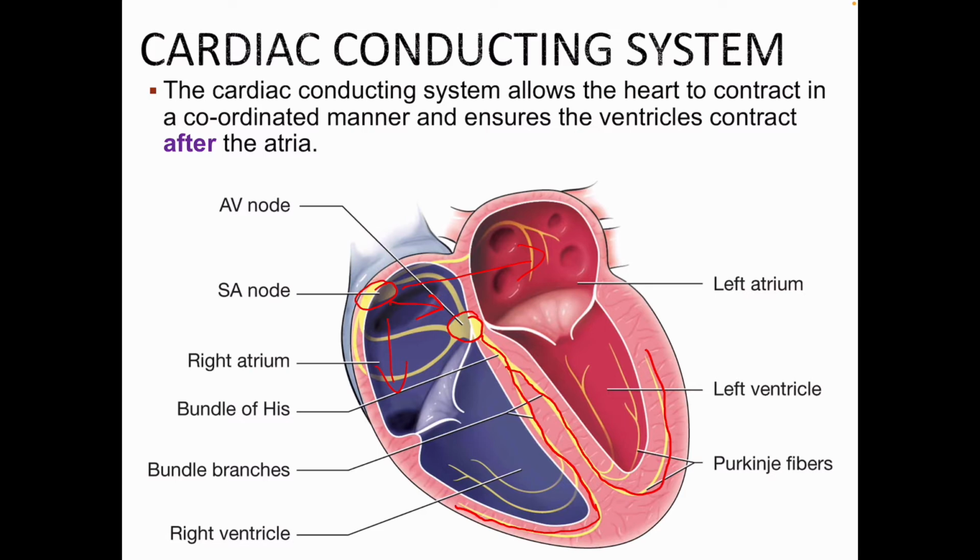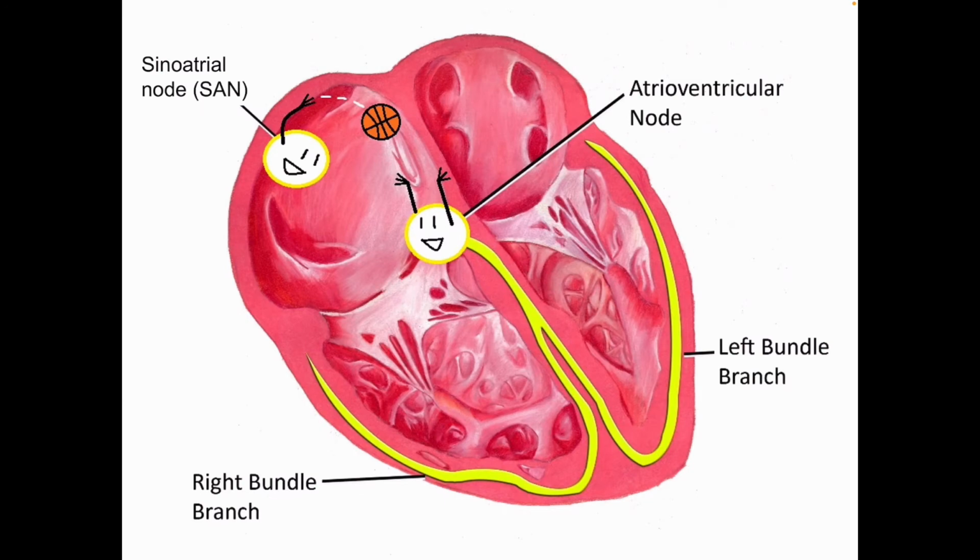And this means that we always get atrial systole, ventricular systole, then diastole, in this coordinated manner. The diagram just shows how the SA node initiates the impulse and then passes the electrochemical impulse to the AV node, which spreads it down the conducting fibres and up through the outer walls of the ventricles to cause ventricular systole.